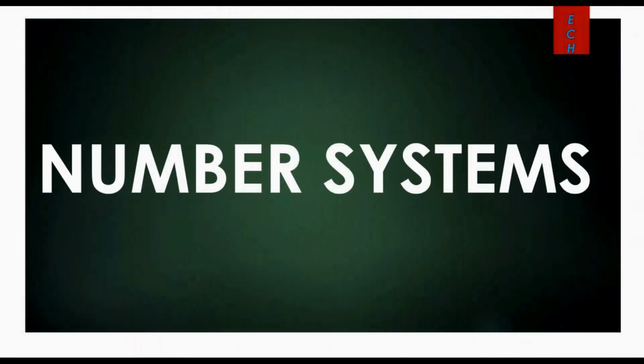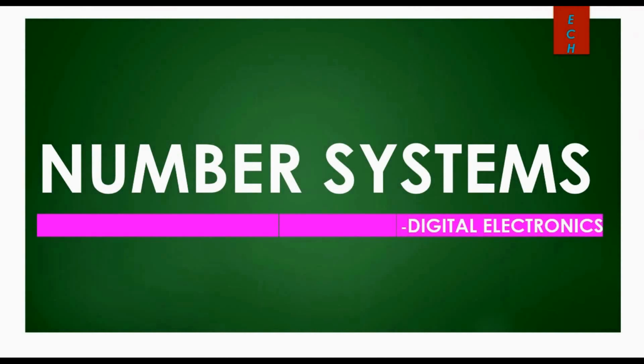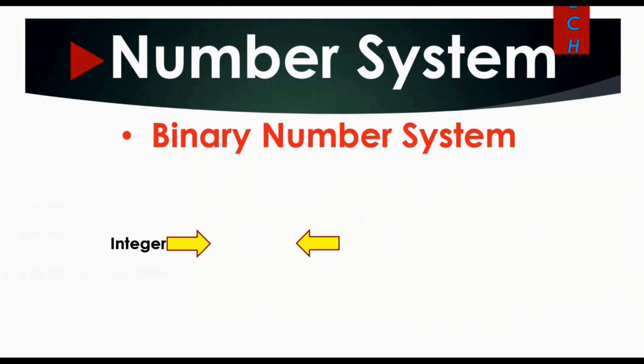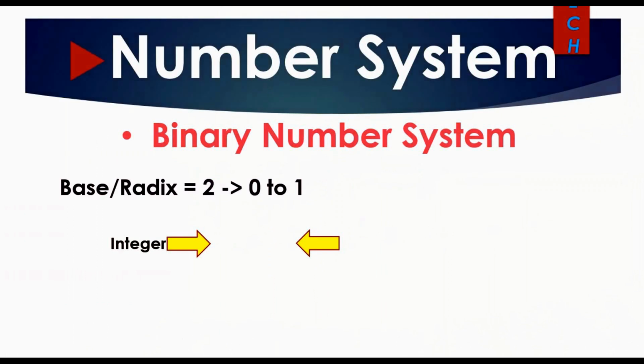So in the number system, today we will learn about the binary number system, right? The base of the binary number system is 2, or the radix of the binary number system is 2. So the binary number system can be represented from 0 to 1.